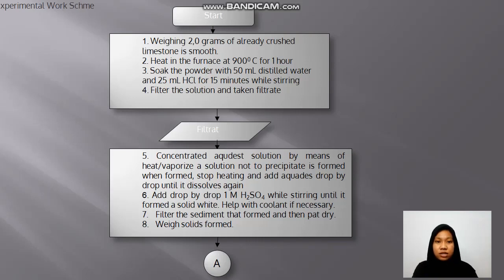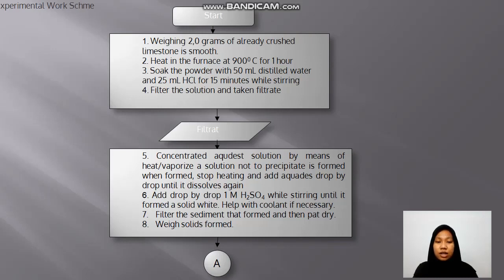Number 3, soak the powder with 15 ml distilled water and 25 ml HCl for 12 minutes while stirring. Number 4, filter the solution and take the filtrate.